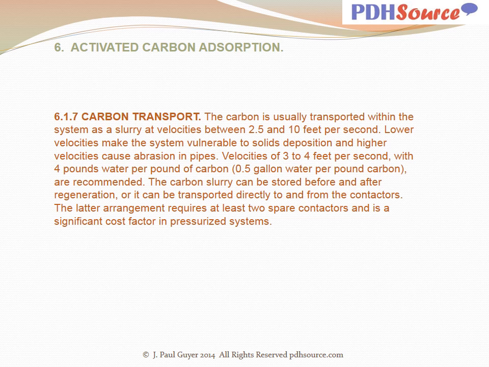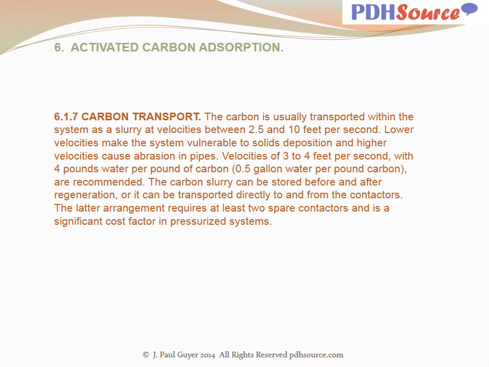The carbon is usually transported within the system as a slurry at velocities between 2.5 and 10 feet per second. Lower velocities make the system vulnerable to solids deposition, and higher velocities cause abrasion in pipes. Velocities of 3 to 4 feet per second with 4 pounds of water per pound of carbon, 0.5 gallons of water per pound of carbon, are recommended.